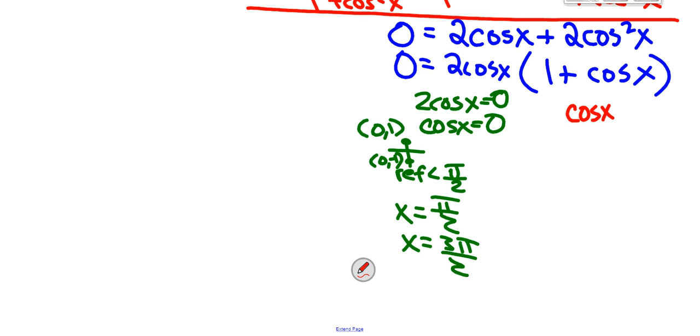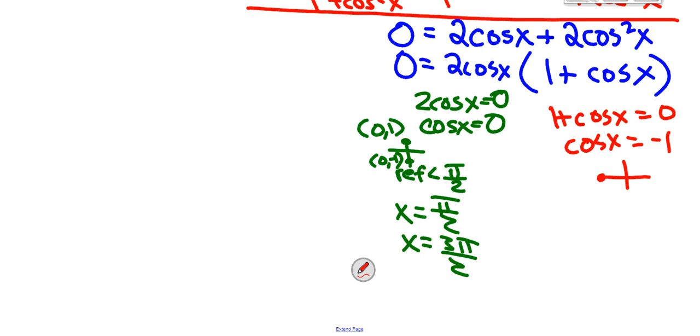So this other one is 1 plus cosine x equals 0. So cosine x equals negative 1. And my reference angle to make cosine negative 1 is 0, but for 0, it would be positive 1. So we have to use this point here, which is negative 1, 0.